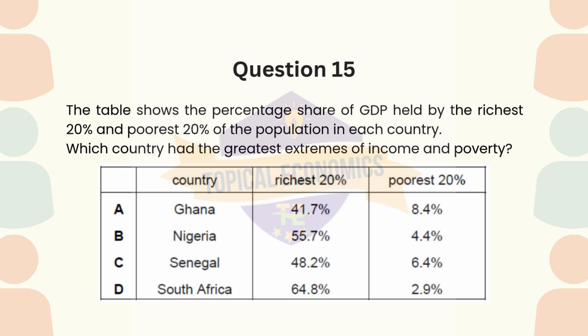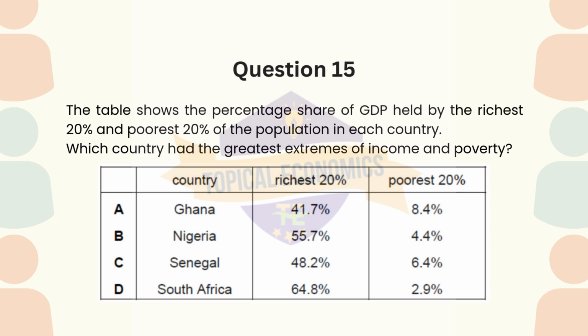Now when we look at option A, in Ghana, the richest 20% is 41.7% and the poorest 20% is 8.4%. So here there is disparity, but still it is less as compared to the other countries, which we will still be looking at. So option A is incorrect. Option B, the richest 20% for Nigeria is 55.7% and the poorest 20% is 4.4%.